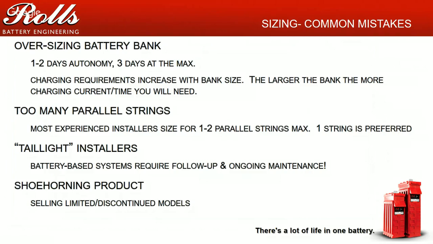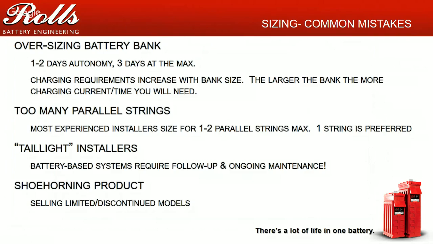They just don't want the fuel cost. To do that, you're going to need 15% of the C20 rate. So if you have a 1,000 amp hour battery bank, you're going to need a 150 amp charger to get below that number to be able to keep the customer's generator runtime that low.